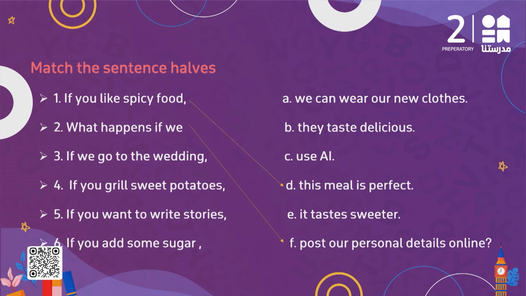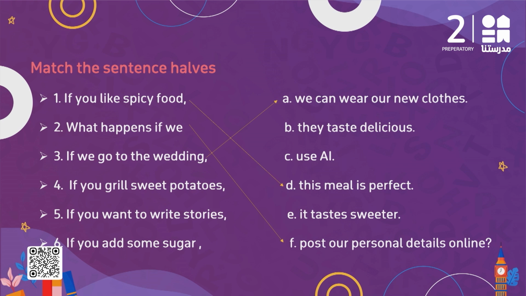Now, if we go to the wedding, we can wear our new clothes. We usually wait for weddings so we can get our new clothes out. Now, if you grill sweet potatoes, what happens to them? They taste delicious.